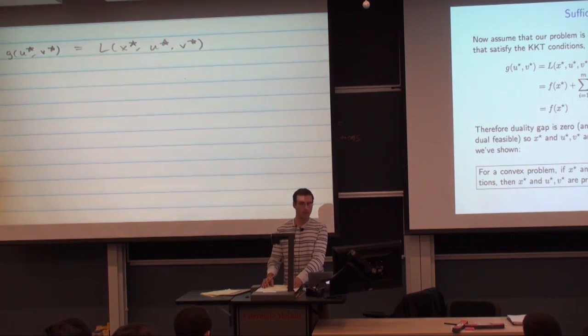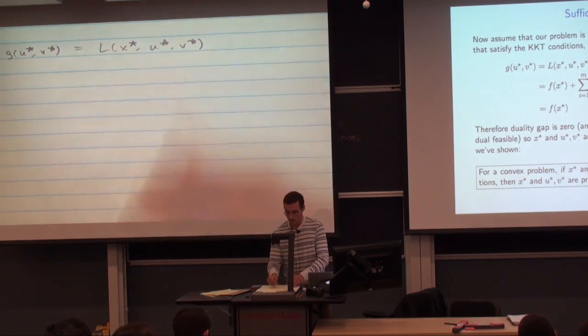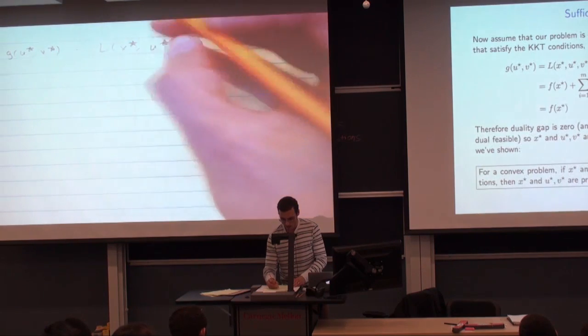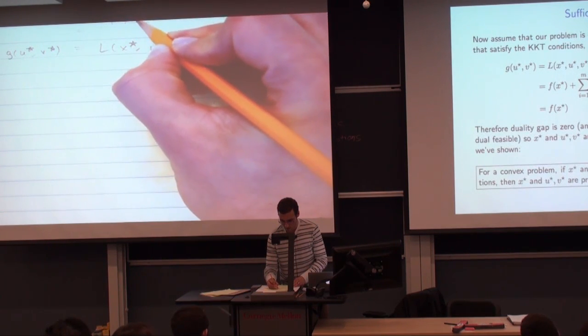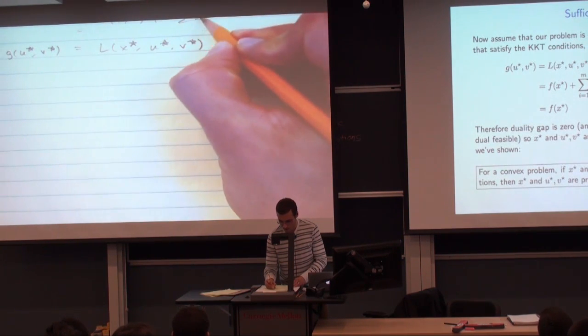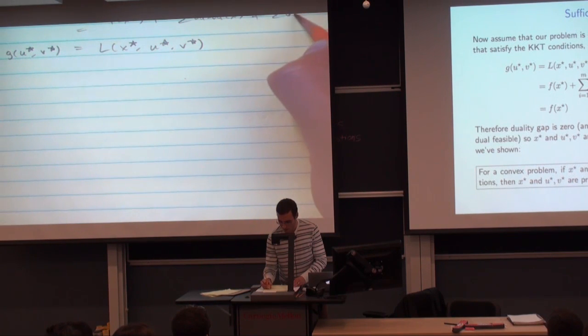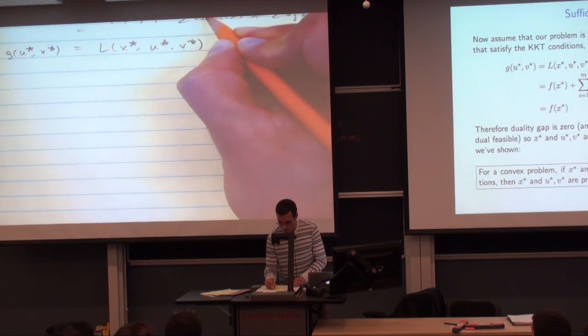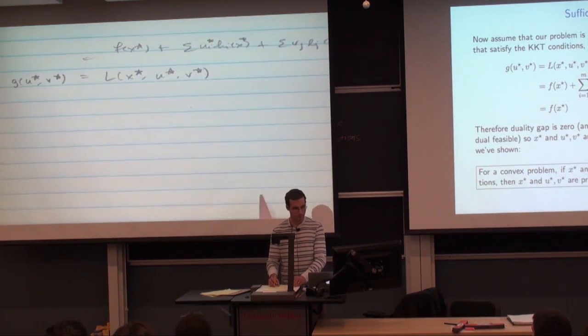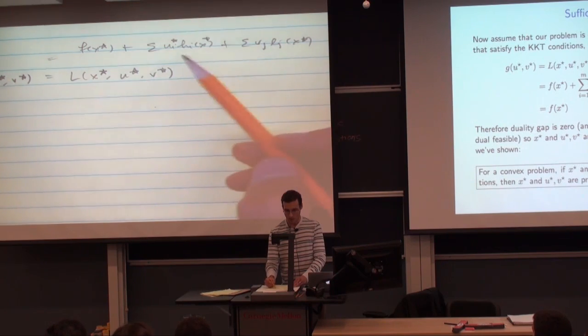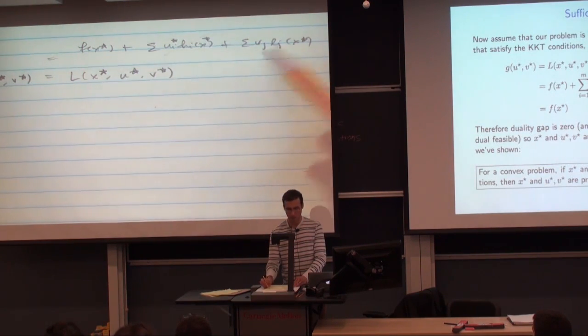So if they satisfy the KKT conditions, then for example, I can write this as an equality, right? Because the Lagrangian is equal to f plus u_i h_i plus v_j l_j, all stars here. But one of the conditions is that each of these is 0, and this is 0 by definition of feasibility, so I get an equality there.